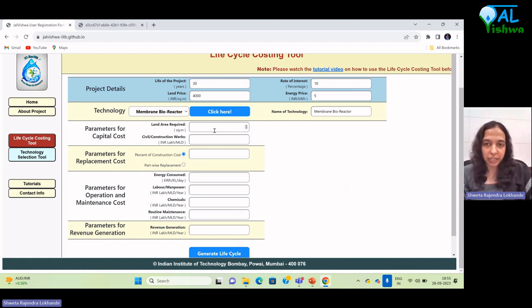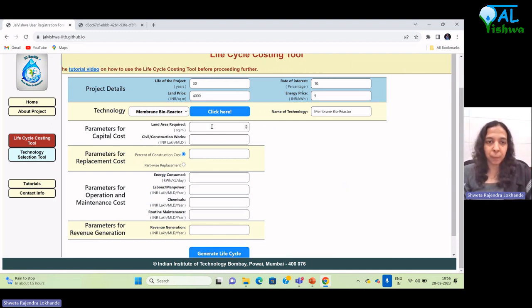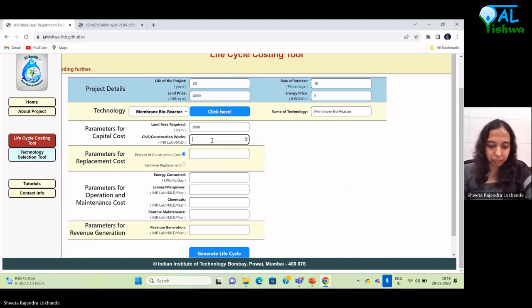So now you are ready to enter the details for another technology. Kindly note the project details here will remain the same. I am not changing them because it's a comparison of technologies which you have to do. So let's say for membrane bioreactors, I am feeding in some other data.